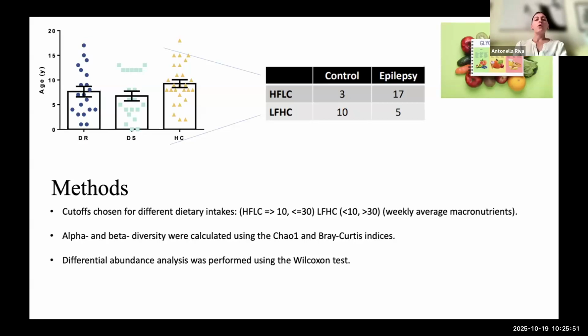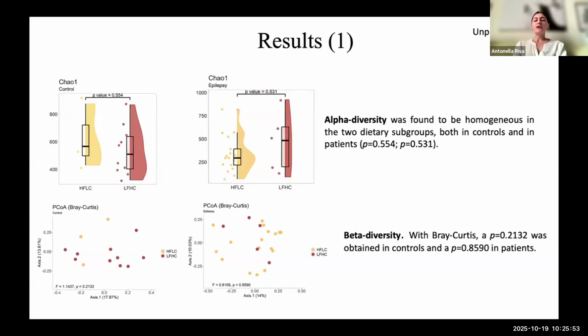And what we found out was no differences in the beta diversity. As you can see here, there is minimal clustering in the beta diversity, but we were not able to reach statistical significance because the sample was too small.